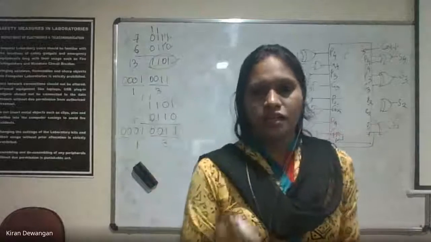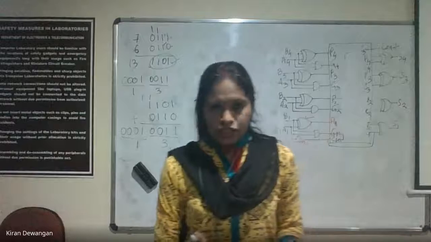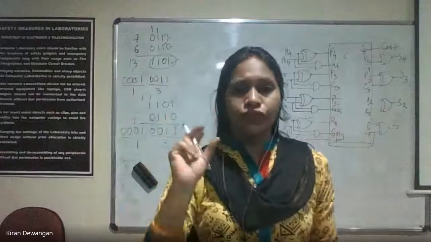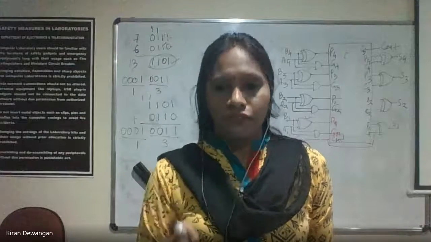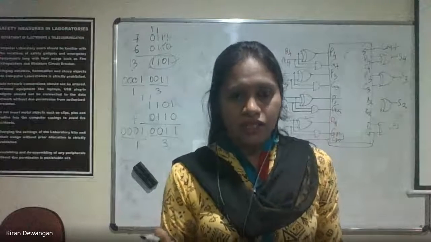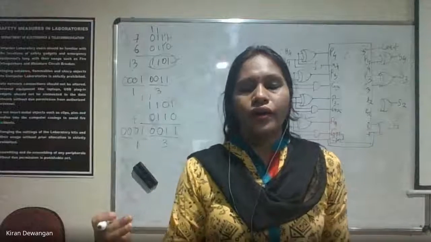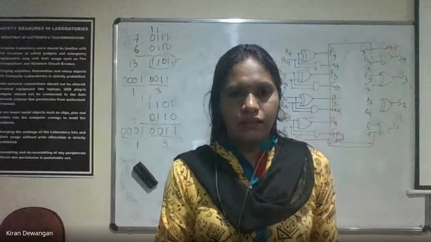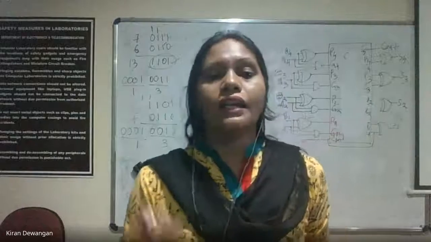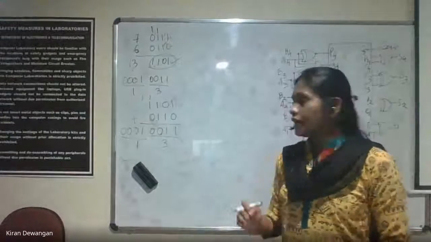Just listen carefully. In the binary addition for each 4-bit group, whenever we add two BCD numbers, that is 7 plus 6, 8 plus 9, or anything up to 9 plus 9, if we are getting an illegal code, the answer is illegal.